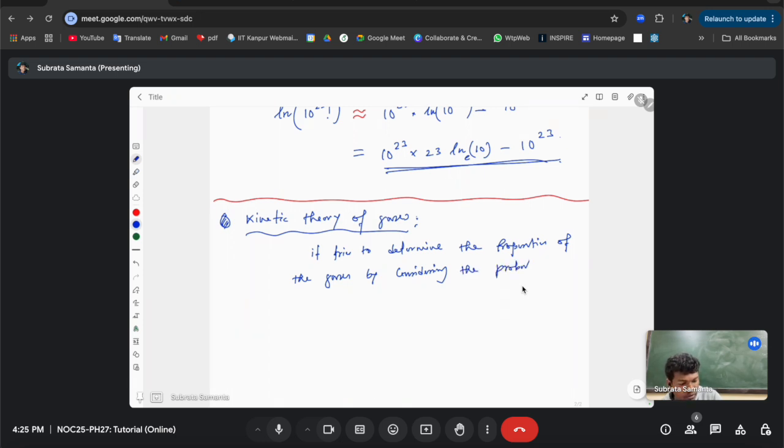It is very important. By considering the probability distributions associated with the motion of individual molecules.